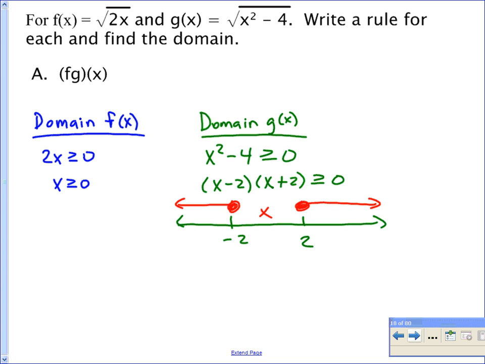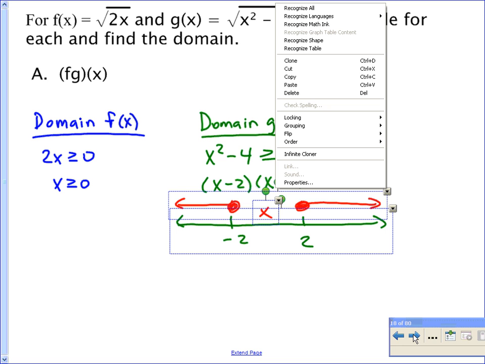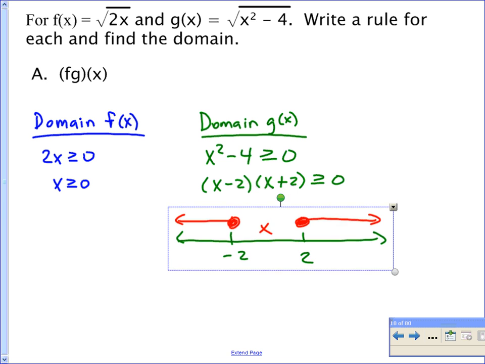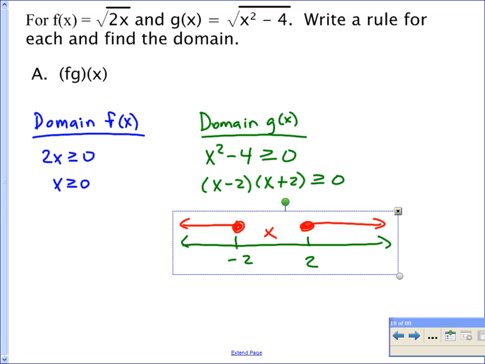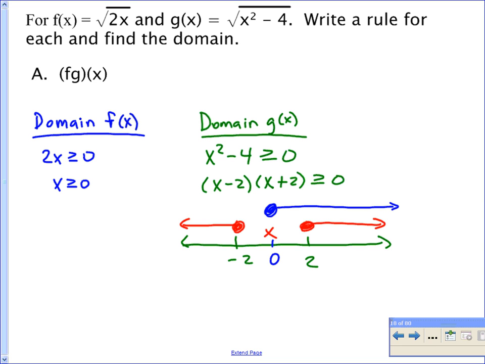Now we want to combine that with the domain of our f of x. Since I have one number line, I'm just going to put my x is greater than or equal to 0 on that. So if this is 0, and then I've got x is greater than or equal to 0, it's going this way.